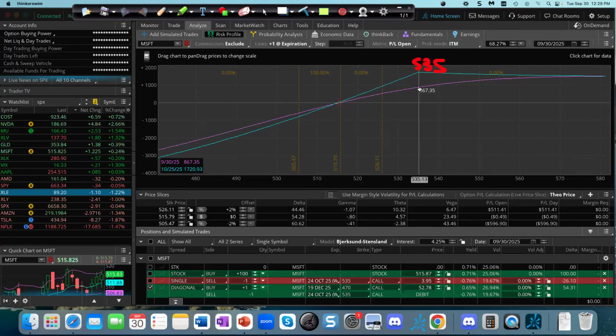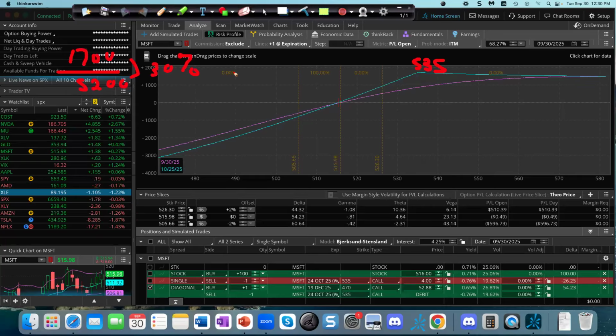Here, you'd make $1,700 potentially, but you're only putting up $5,200, 10 times less money than the covered write. So your returns conceivably could be over 30% in the best case scenario. So it's a very interesting strategy, the diagonal.